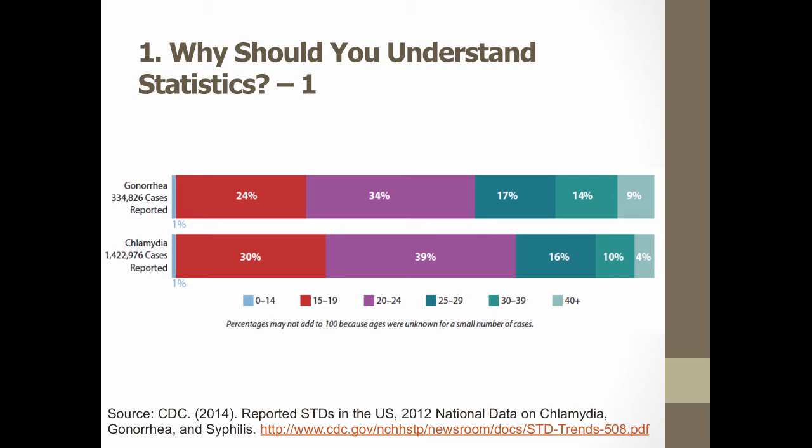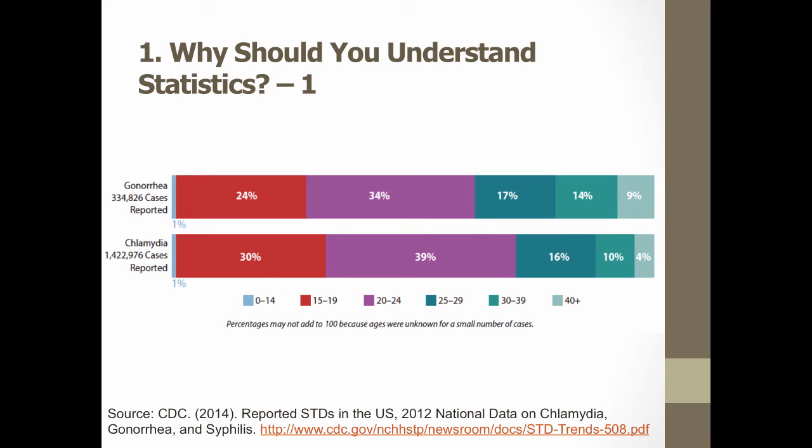And we see what these numbers are is from the source. We see this is coming from the CDC. This is published in 2014, and the title of this is Reported STDs in the U.S.: 2012 National Data on Chlamydia, Gonorrhea, and Syphilis.